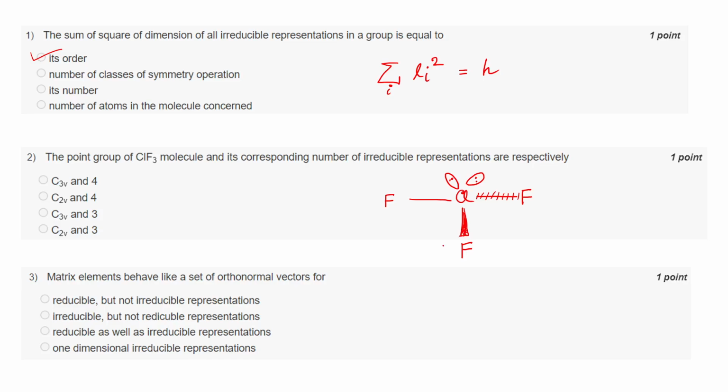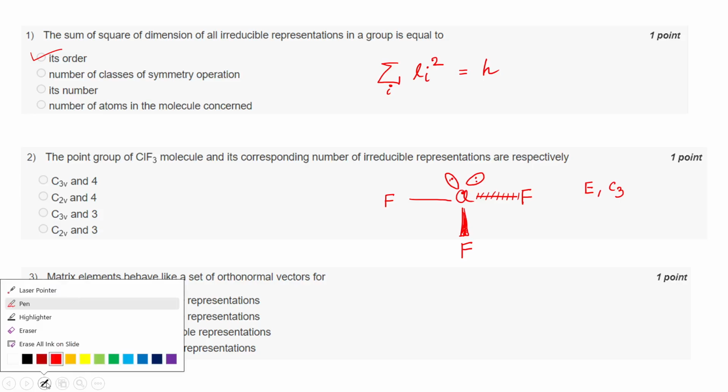Now obviously E is there, C3 is there. Actually, I don't think so, C3 is not there. Why do you think so? Sorry, actually this is a planar molecule.